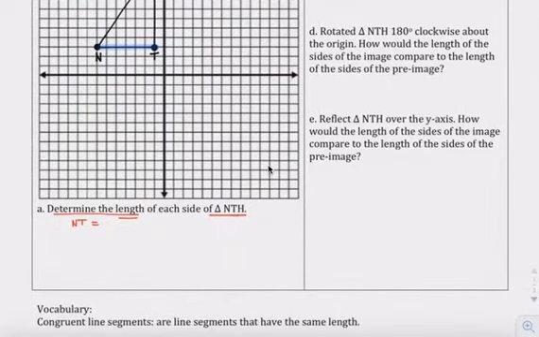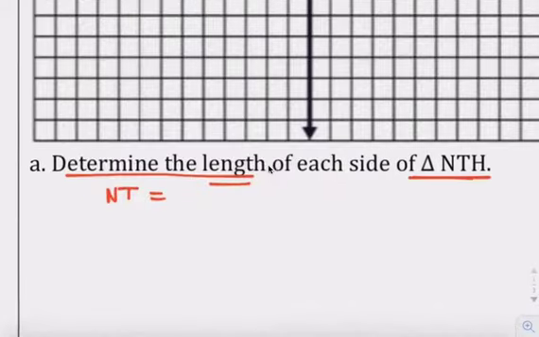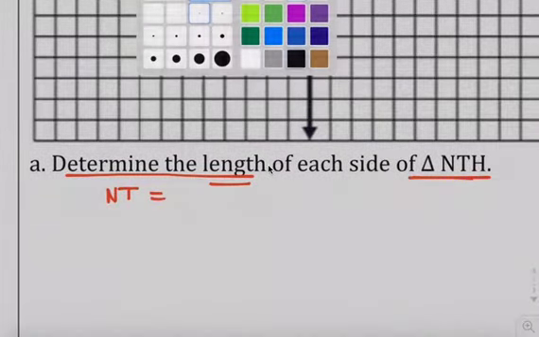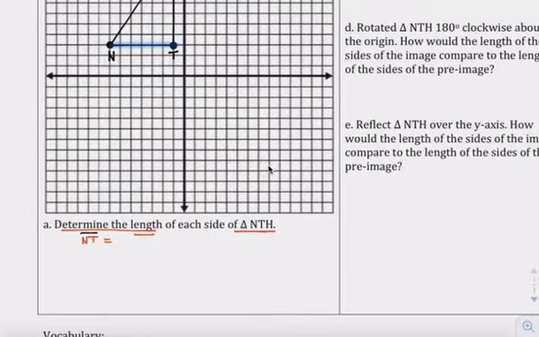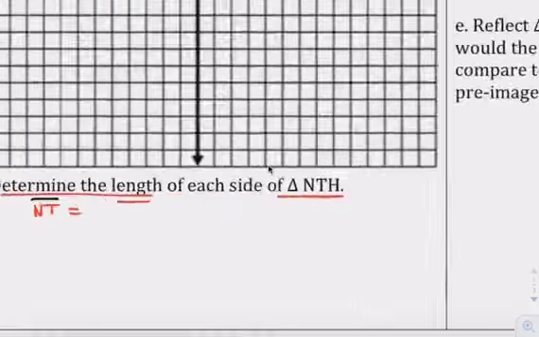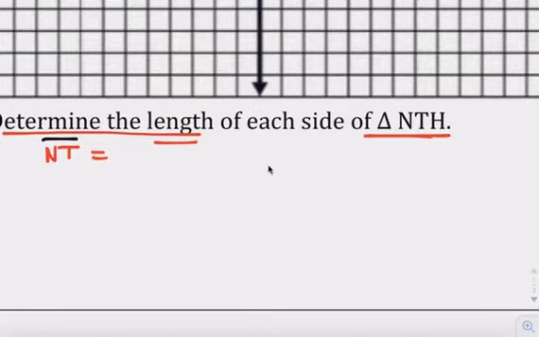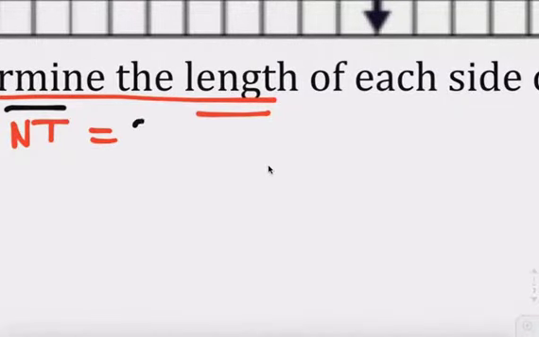We'll just put line segment NT. Let's measure that. I have it at about 2 centimeters. So this NT, I use the inside of the protractor, remember, it's 2 centimeters.